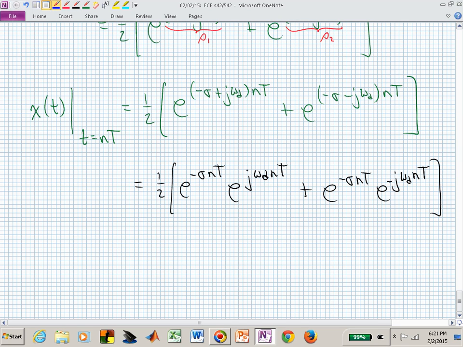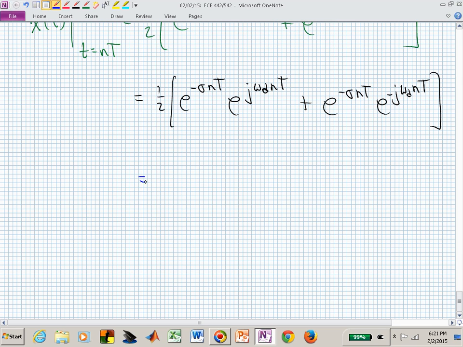Make sure I'm not falling asleep up here. Is my algebra okay? Now let me factor out that e to the minus sigma T to the n. I can do that. And I now have, since that product of exponents is one of the pieces raised to the exponent, which is little n, our time index.